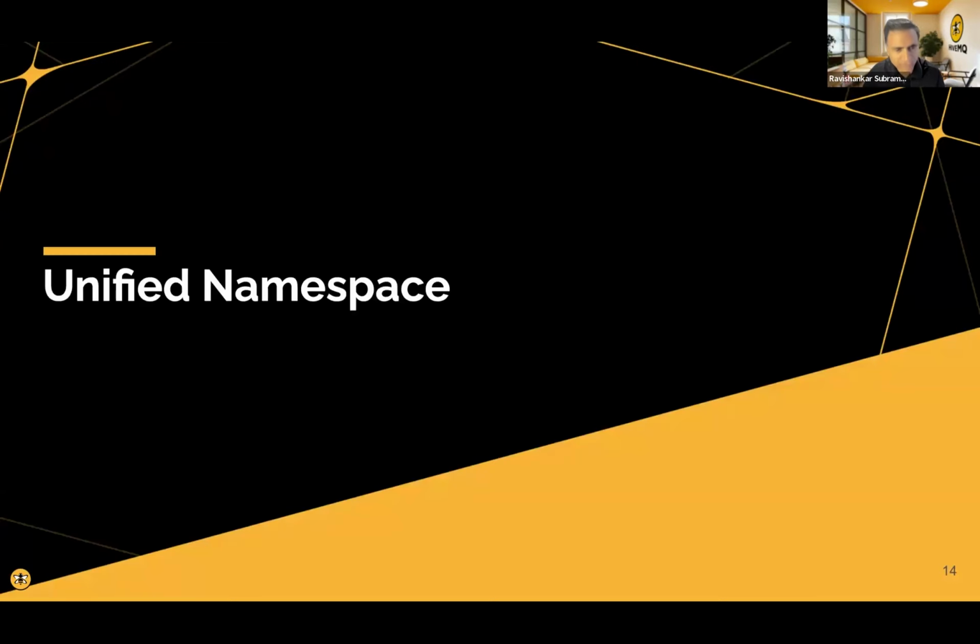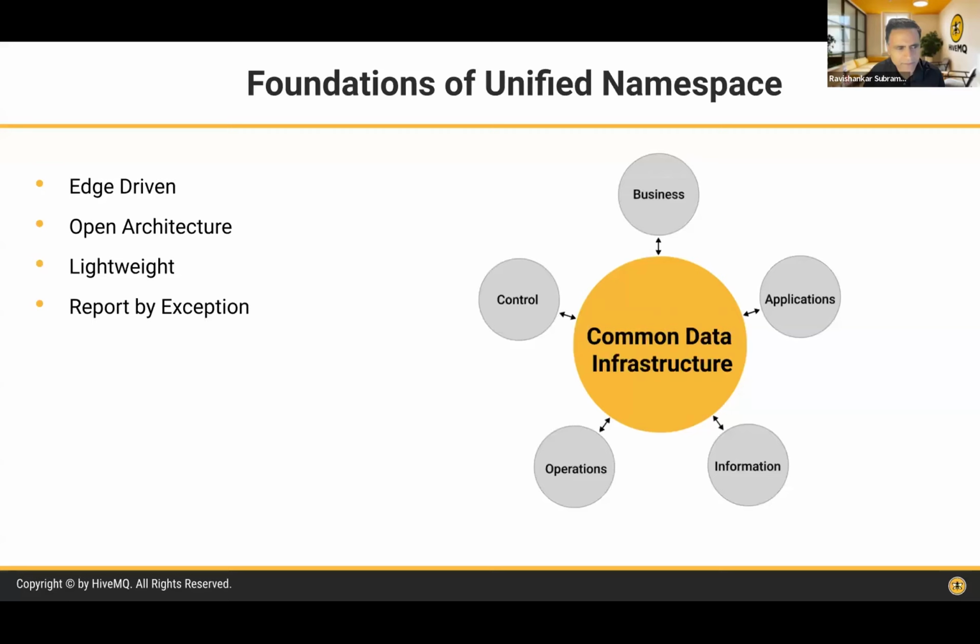Now let's talk about unified namespace and what role it plays in the whole data management aspect. Unified namespace is basically a framework that was coined by Walker Reynolds. The idea is that you have a common data infrastructure where you can bring all of the data that you have within your subsystems and create a contextualized view of all of your data.